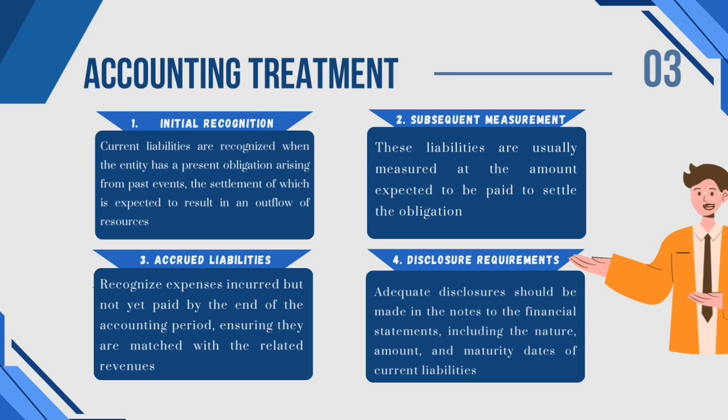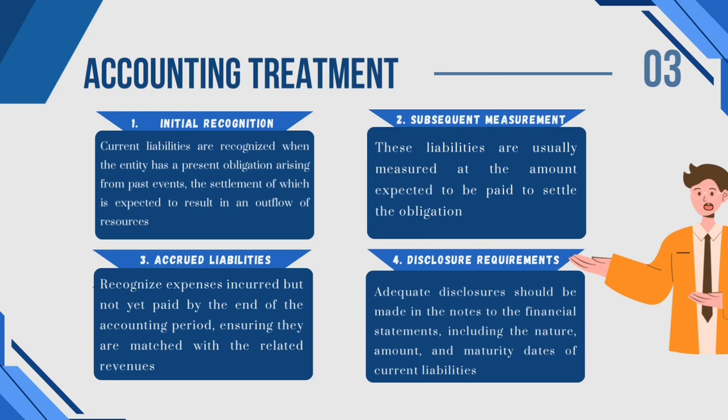Accrued liabilities are liabilities that are incurred but not yet paid by the end of the accounting period. The company needs to recognize it for it to be matched with the related revenue, which allows the company account to be balanced.